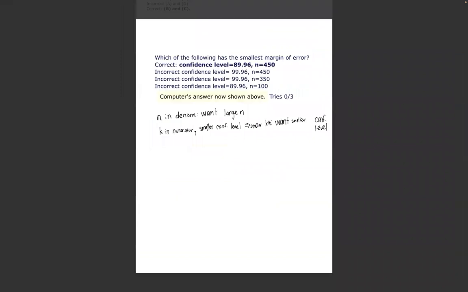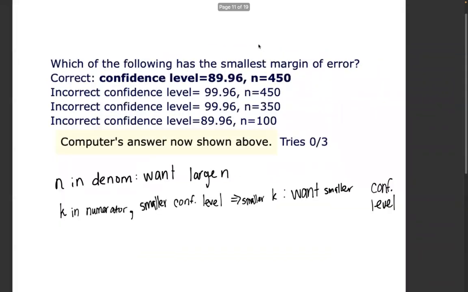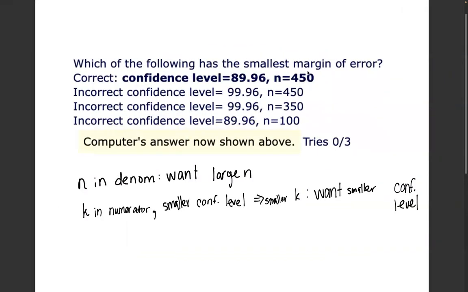Okay. Next. So which of the following has the smallest margin of error? So when we look here, for the margin of error calculation, n is in the denominator. So if we want a small margin of error, we would want a large n. We would want a large denominator.